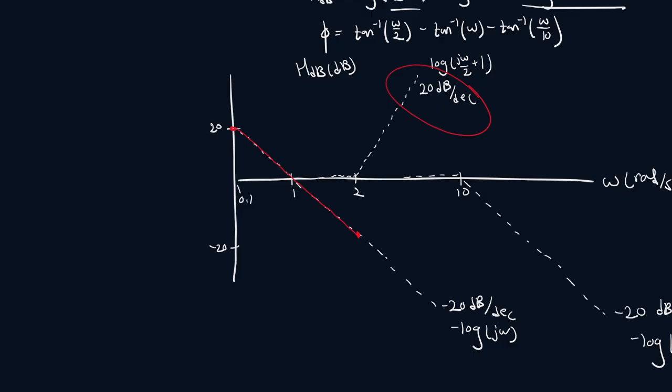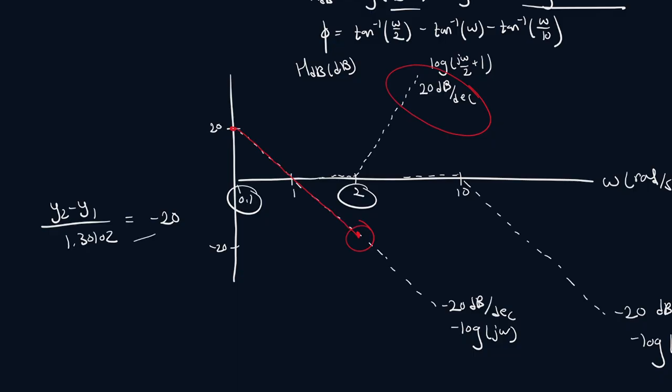Okay, and we can actually figure out what the exact point will be on the y-axis. So what we do is y2 minus y1 all over log of this point 2 over this point 0.1 equals the slope, which is minus 20. So log of 0.2 divided by 0.1, that's 1.30102.